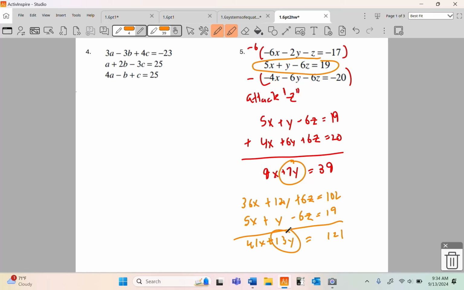Well, apparently I'm having a senior moment here. So I guess what I'll do is I'll go with Old Faithful. I'll 13 that one and I'll 7 this one. That's what I'll do.